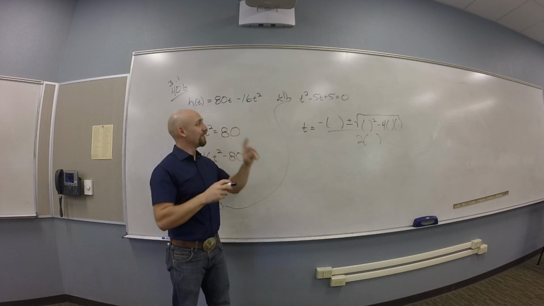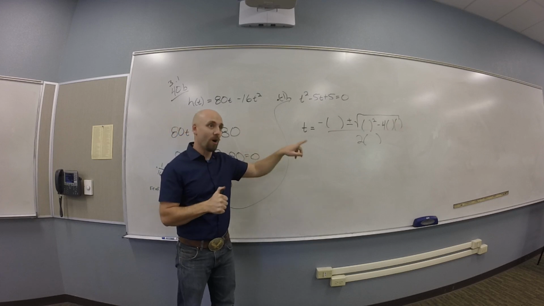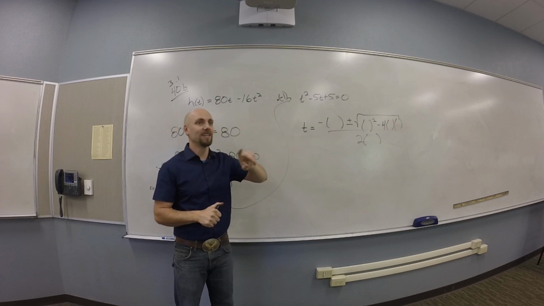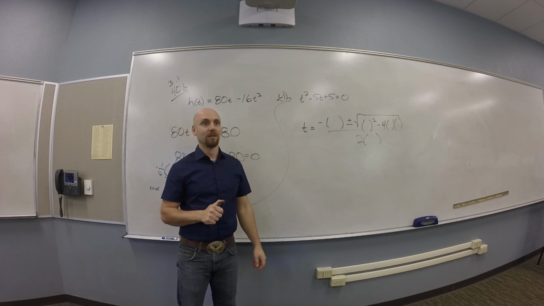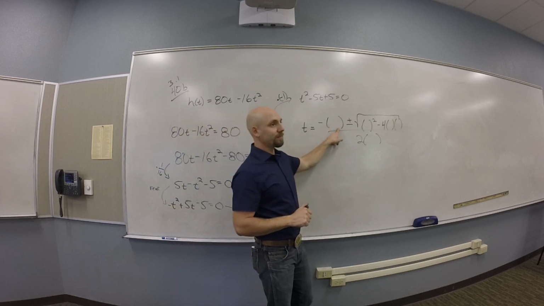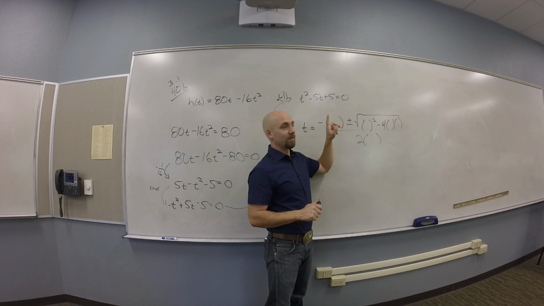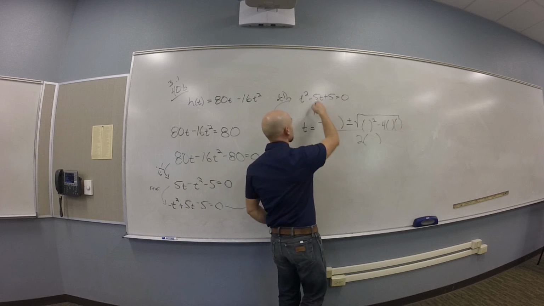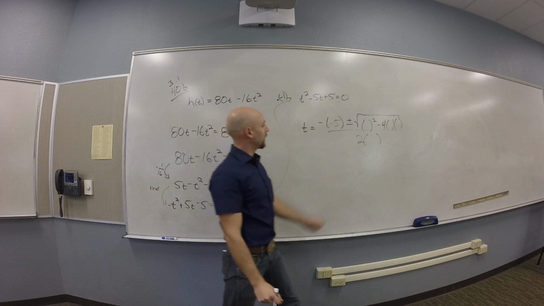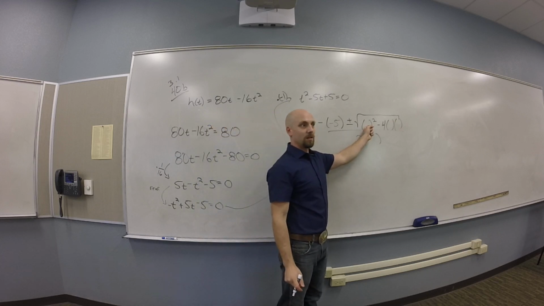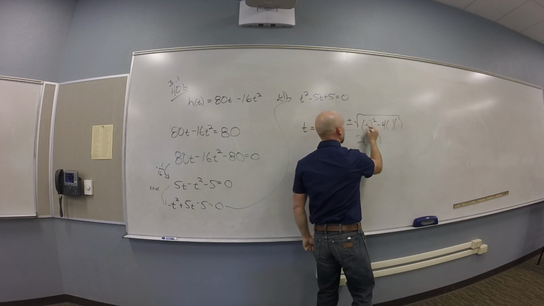I have found that it helps to write out the form and then plug the bits in, as opposed to trying to remember what everything is as you go. So in here, what do I want? Negative b, which is negative negative 5, so 5. In here, I want b, which is negative 5.